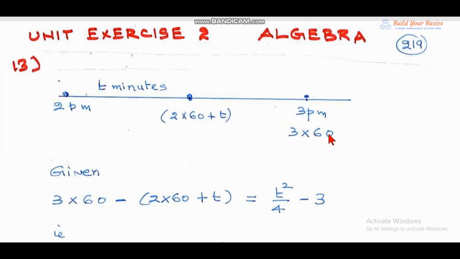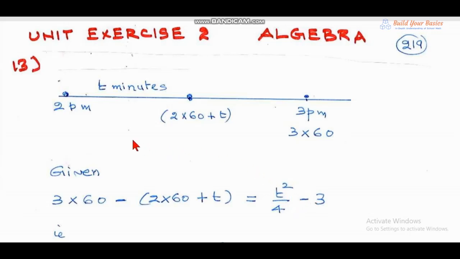So 3 into 60 minus 2 into 60 plus t. That is this time minus this time is the time required to reach 3 p.m. t minutes after 2 p.m. is 3 minutes less than t squared by 4. That is t squared by 4 minus 3.